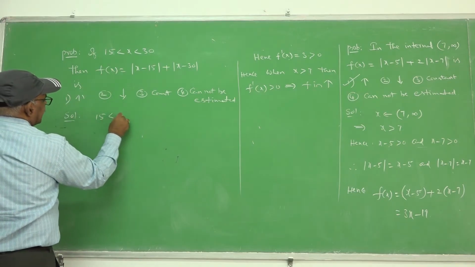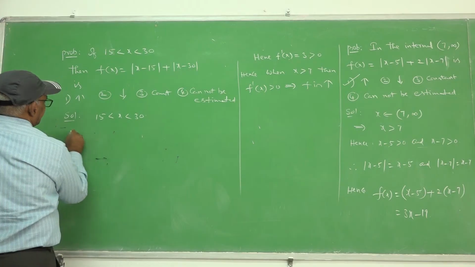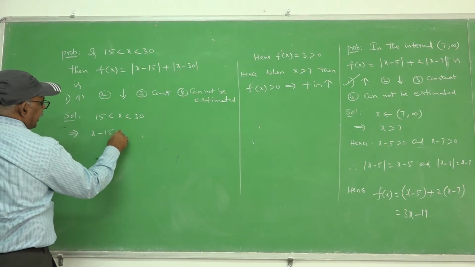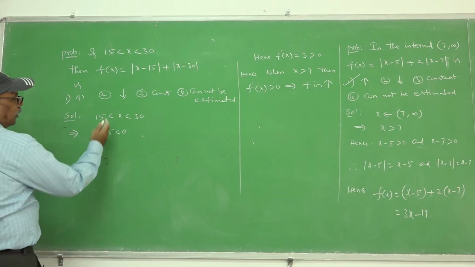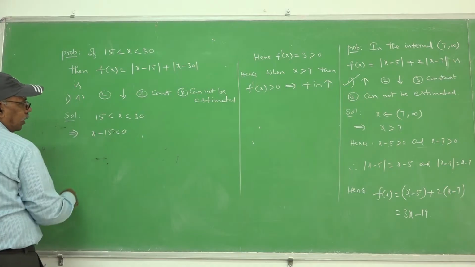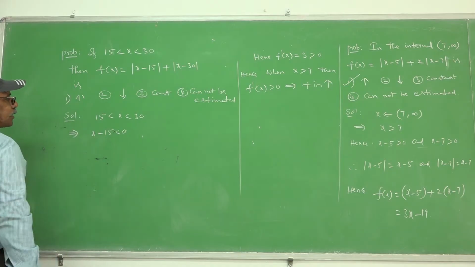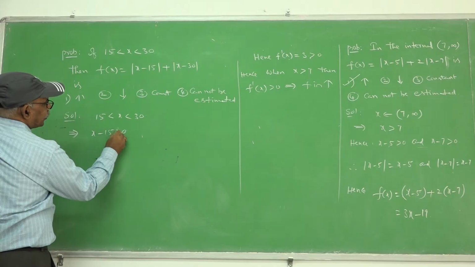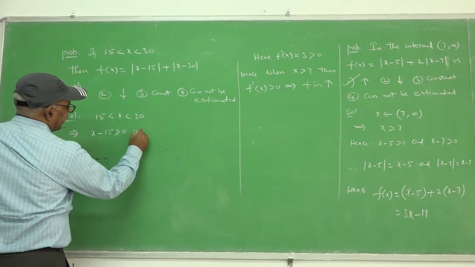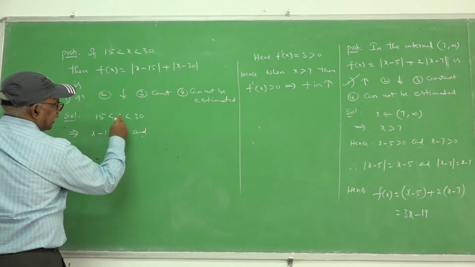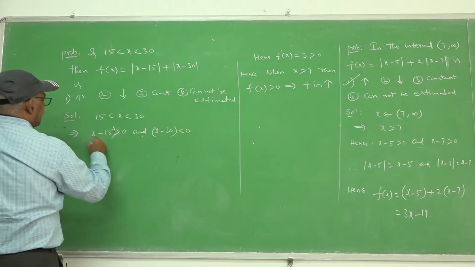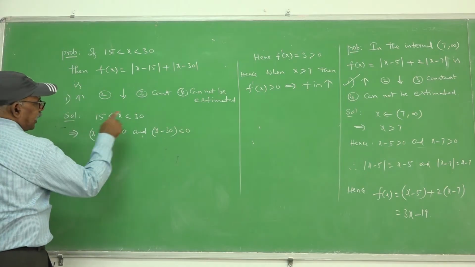So 15 is less than x is less than 30 implies x is more than 15, hence x minus 15 is positive, and x is less than 30, hence x minus 30 is negative.